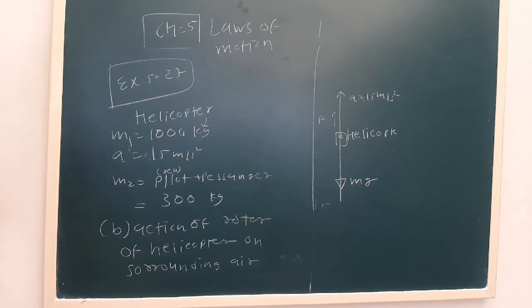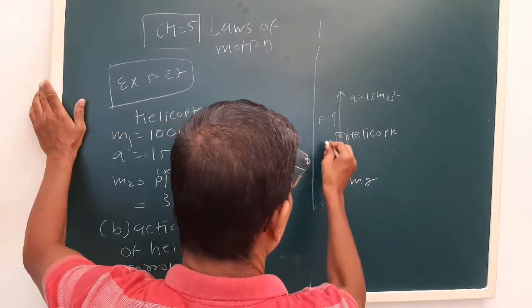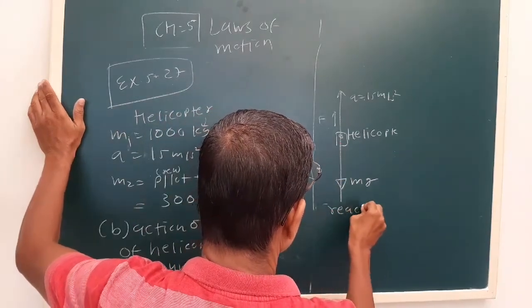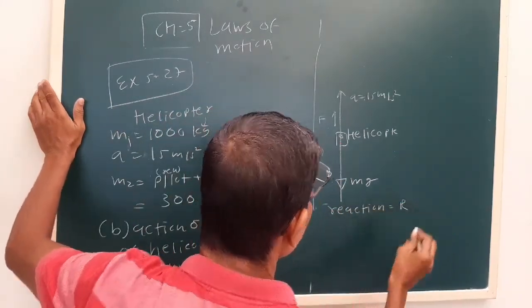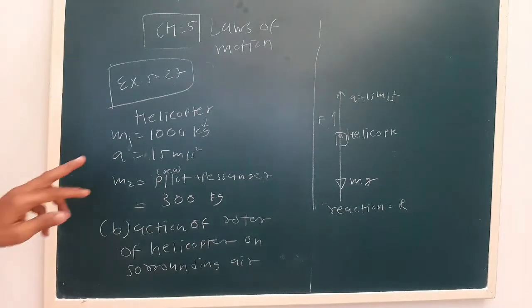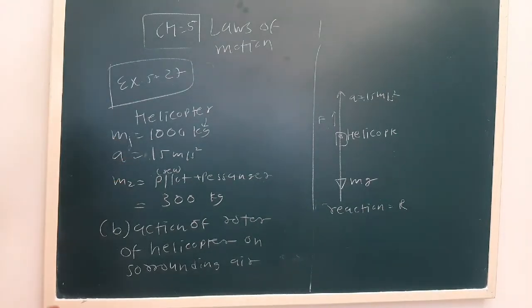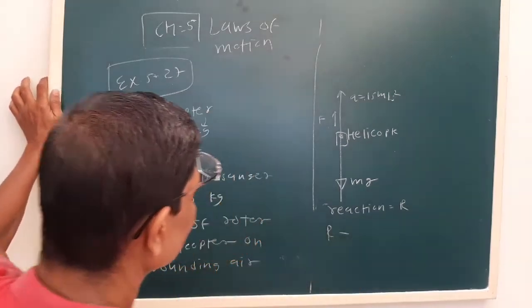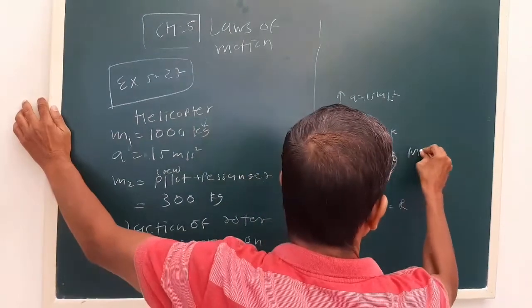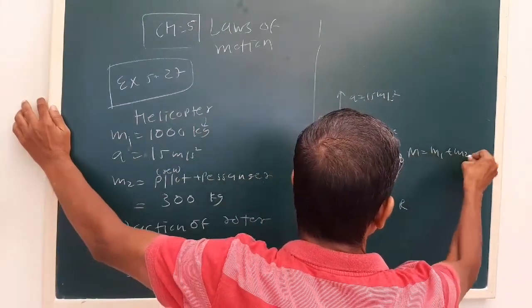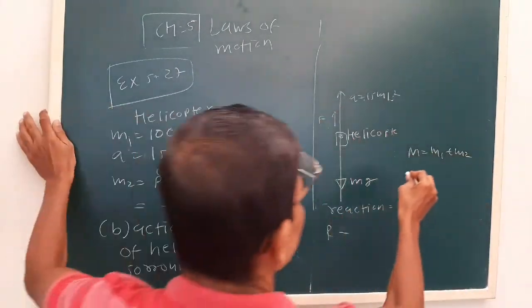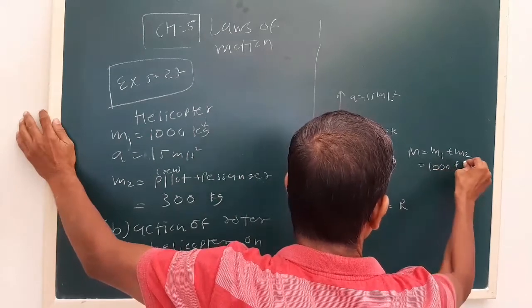See here, let us say the reaction is R. So in that case we have to consider mass of the helicopter also. So we can call M is equal to M1 plus M2. Okay, what is M1 here? 1000.